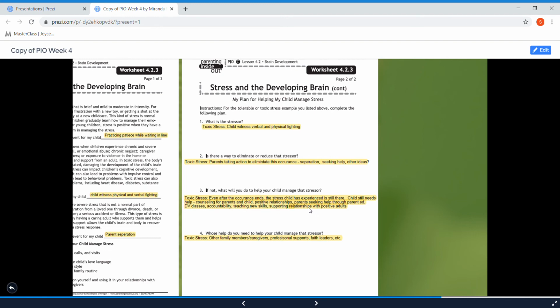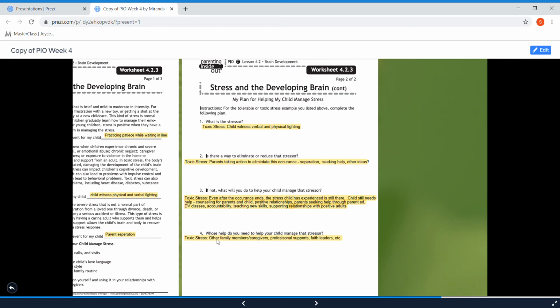This could be parents seeking help through parent education, domestic violence classes. Parents need to learn about and employ accountability. They need to teach new skills. And then they also need to support relationships with positive adults for that child, because again, that positive adult relationship is going to be what moves our toxic stress to tolerable.